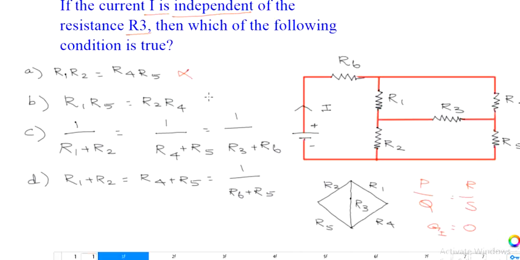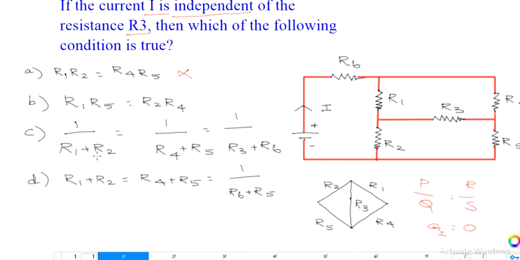Here you can check R1 by R2. Is it possible? You can put R1 by R2, or you can say R2 by R1 also. Both are the same. Either P by Q equals R by S or Q by P equals S by R, both are the same, and this equation seems to be true.